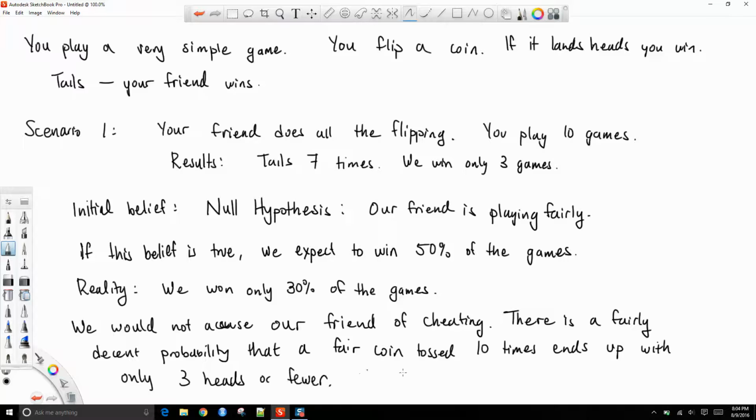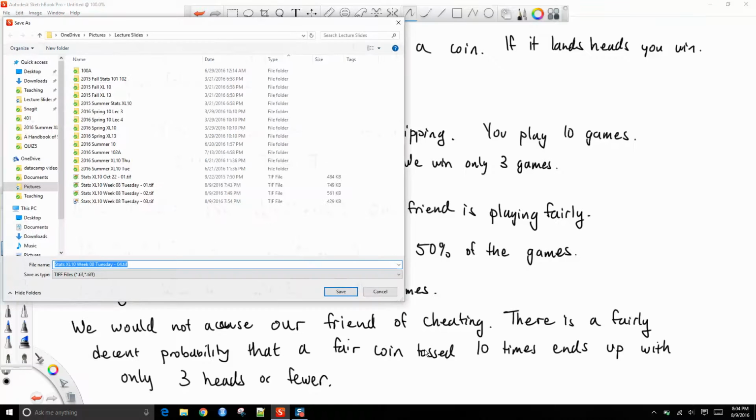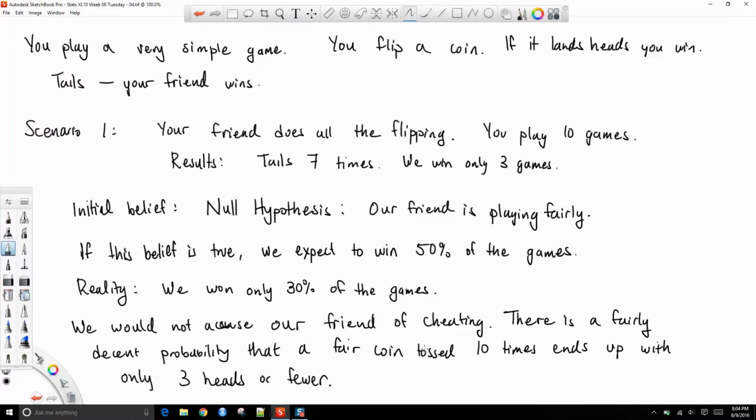Or in other words, it is quite possible to get the data we have even when our null hypothesis is true. I'll put that in.